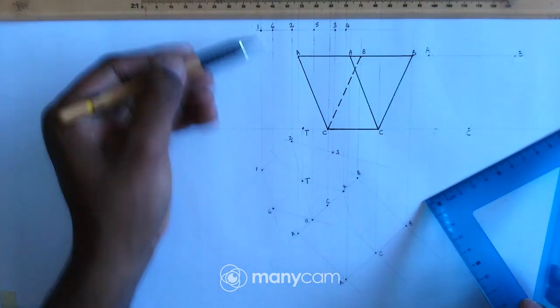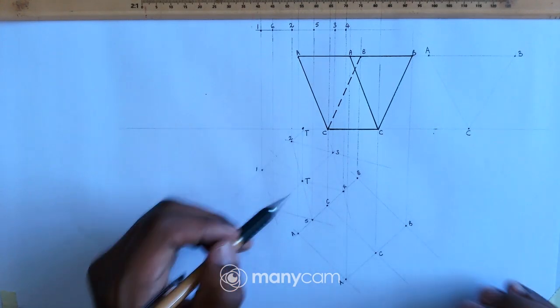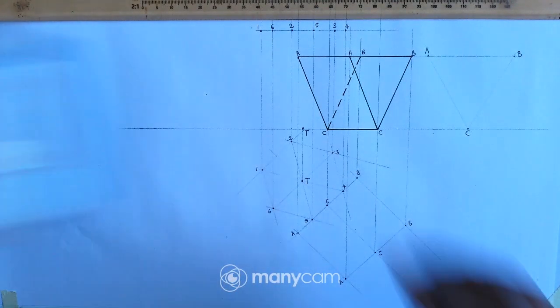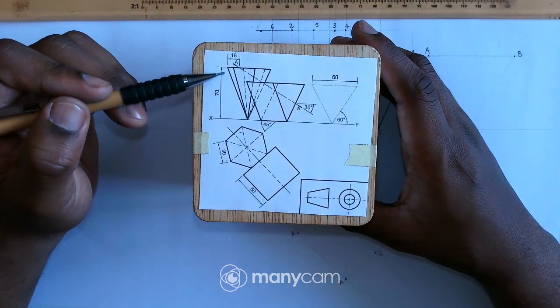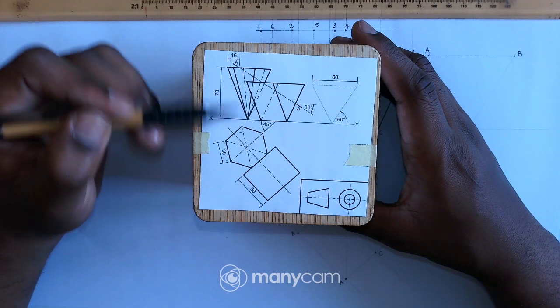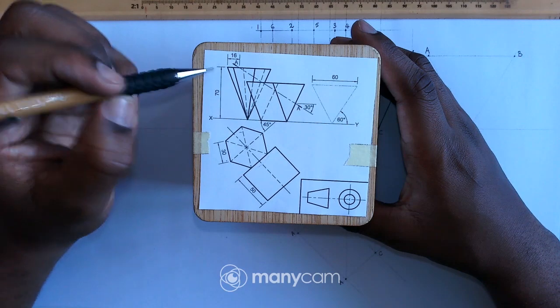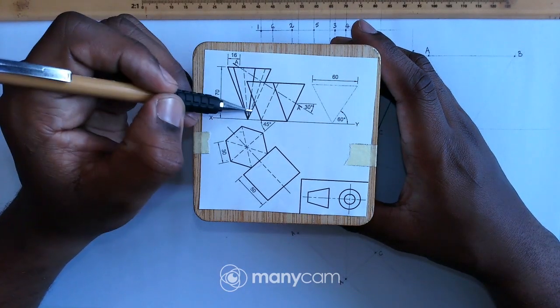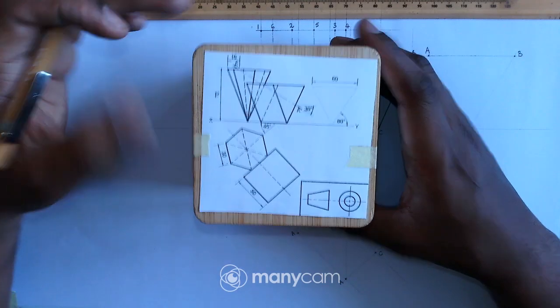Okay, so now I can just connect all the points to point T, because this is a pyramid, remember, as shown there. Obviously, I'll see this edge, and that edge right there, and this one. But now these two are hidden, and even these lines there, those parts there.